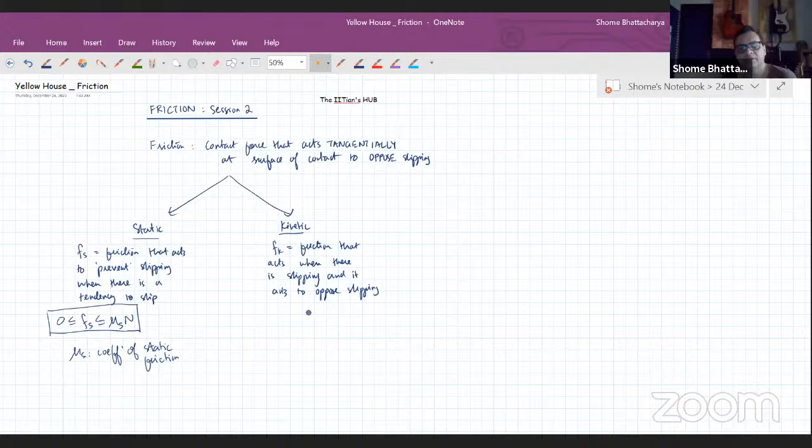Whereas the kinetic friction, irrespective of the external force, is always equal to μk into N, where this is the coefficient of kinetic friction.